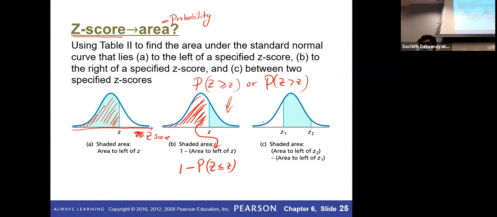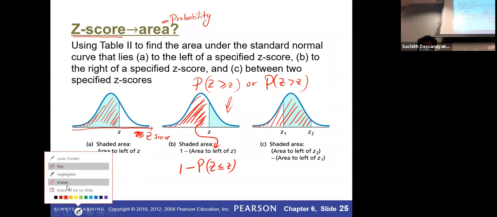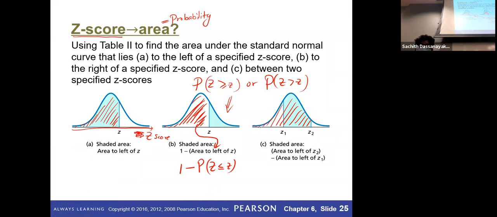Okay, when you need to find the area between two values, what do you have to do? First, find the area from the left-hand side up to the maximum Z value, up to this point. Next, find the area from the left-hand side to the lowest Z value, up to this point. Then get the difference and you will get the corresponding area.